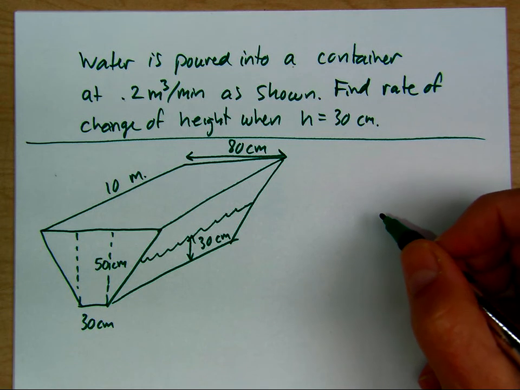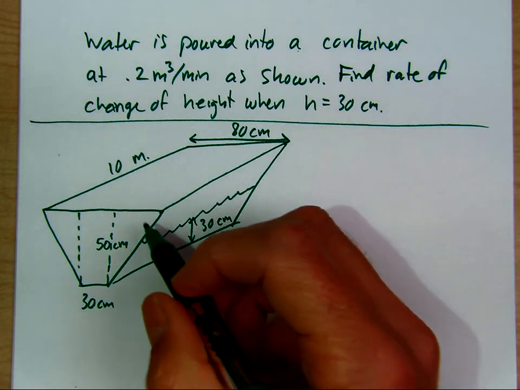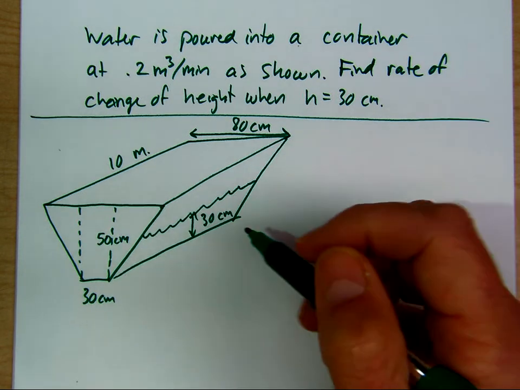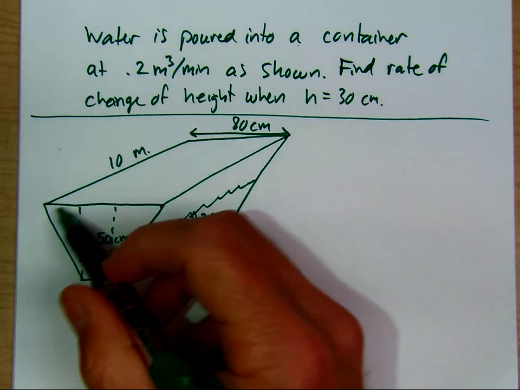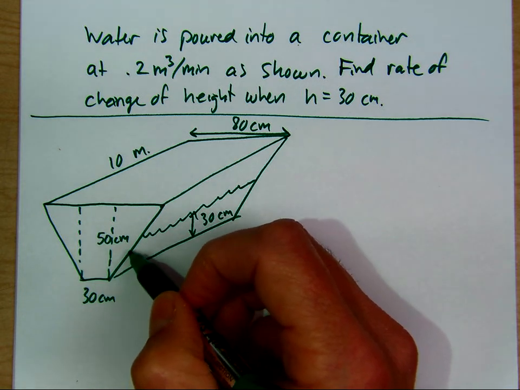Okay, but we still have to deal with a proportion, and we're going to deal with similar triangles. We don't have a triangle here; we just take this part of the triangle.